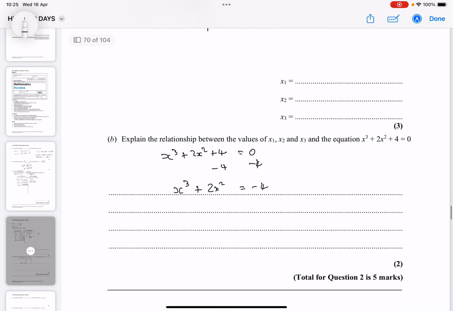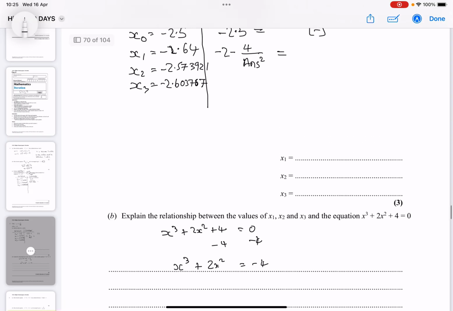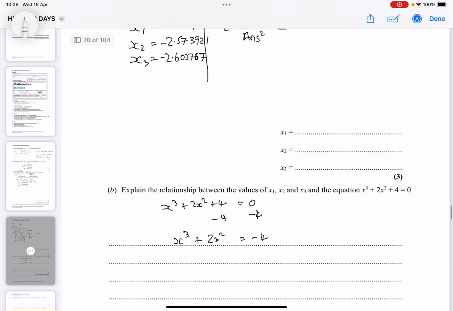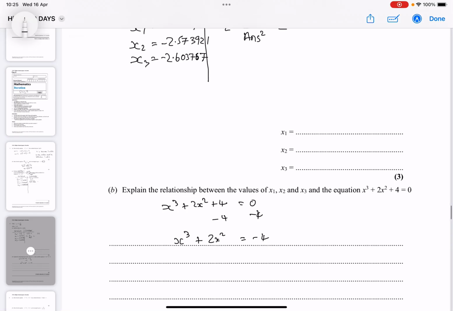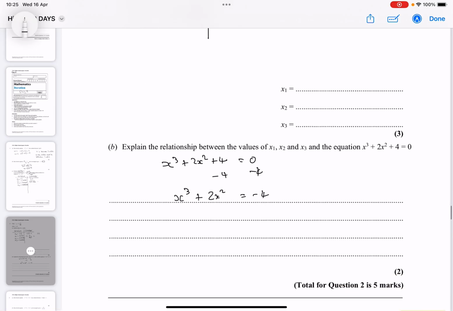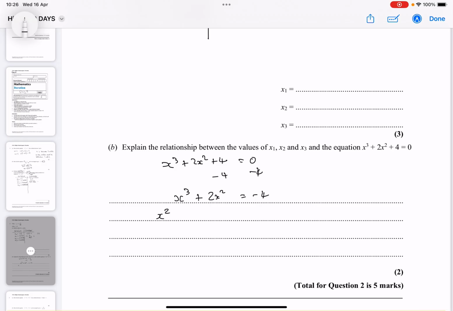Then what we looked at with these was factorising this. So what I'm going to do is take an x squared out, giving me x squared times x plus 2 equals minus 4.